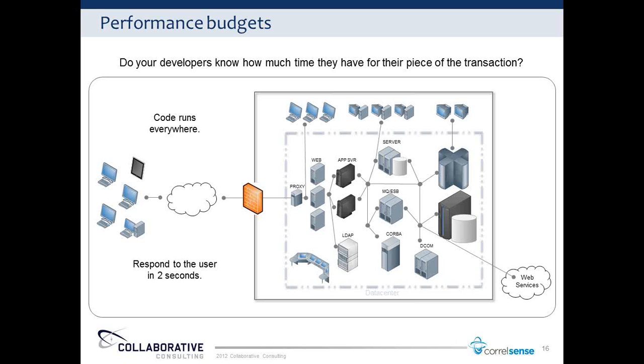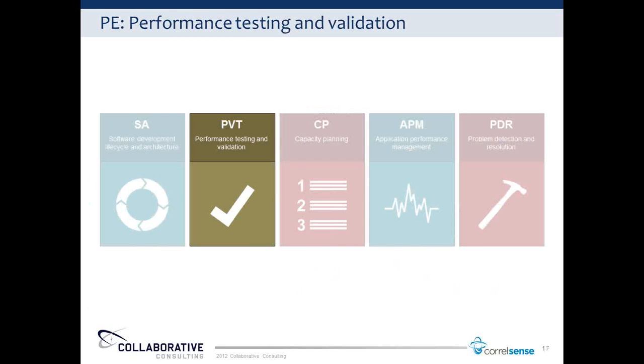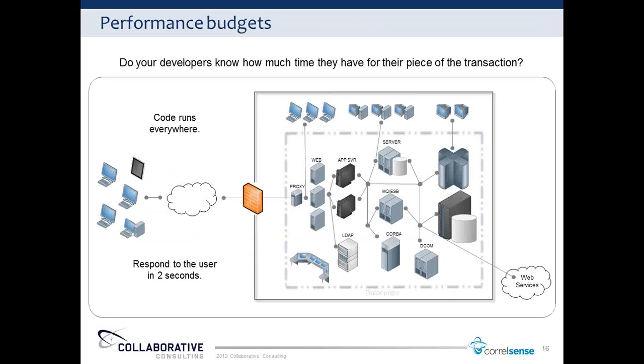It's on the browser, it's on the mobile device, it's on the web server, of course the app and the database servers. And so each developer along the way greatly influences the response time for the overall system. This helps remind the developers that they have constraints. Okay.